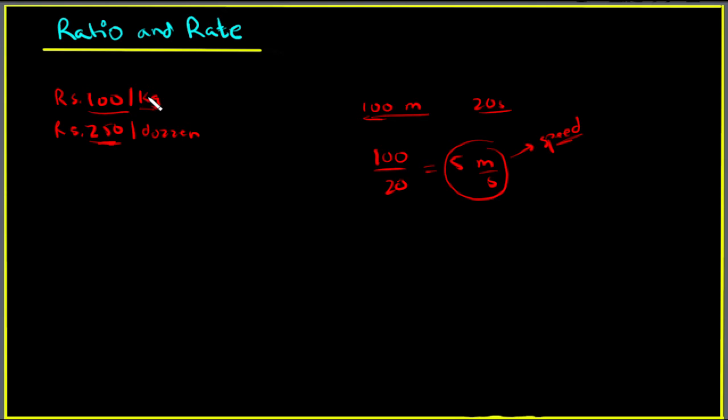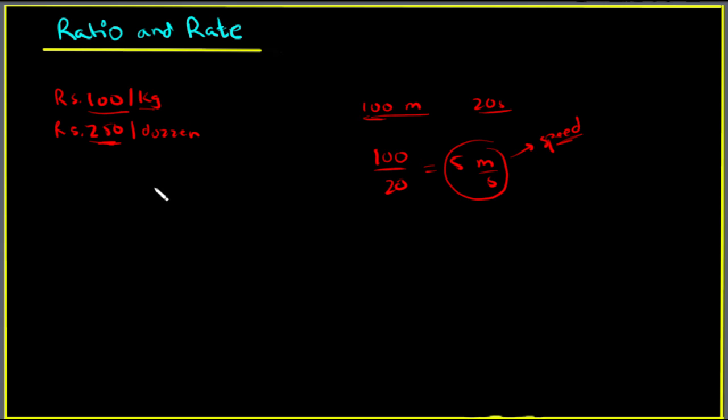Like we sell apples in kgs, so RS100 would be the rate of apples if it's for 1 kg, and RS250 is the rate of bananas, meaning the price for 1 dozen. So whenever we have one unit as the reference of anything, we call that the rate of it.